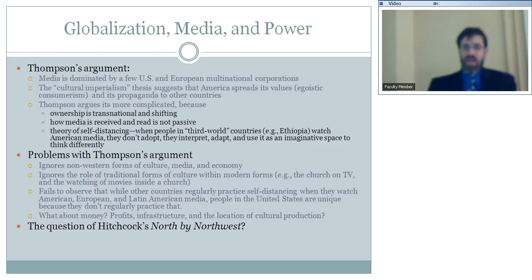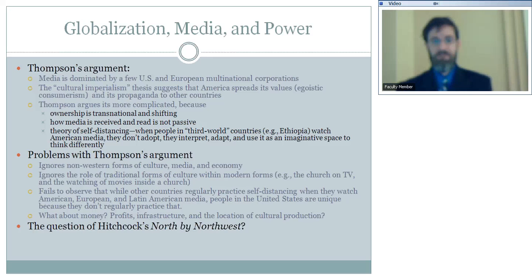But anyway, the point is that when people read these shows, it's not like we watch them passively and just say, yeah, that's American values. That's what I am. Nobody reads that. Ethiopians don't read that. French people don't watch shows that way. The thing that Thompson really argues is a theory of self-distancing.